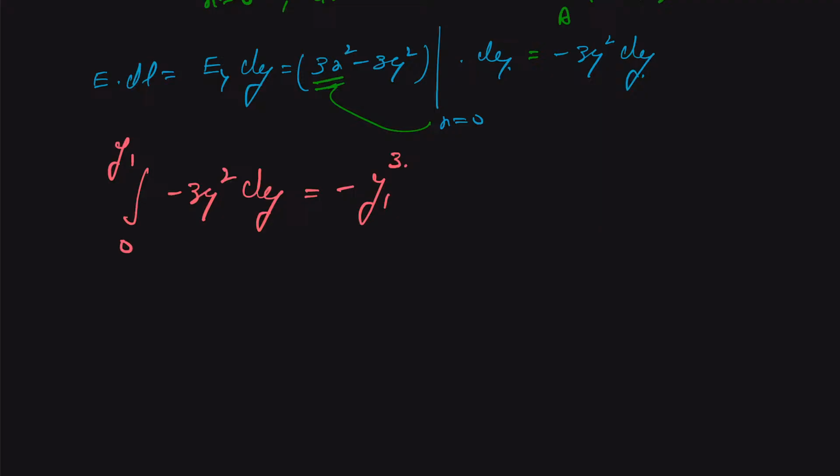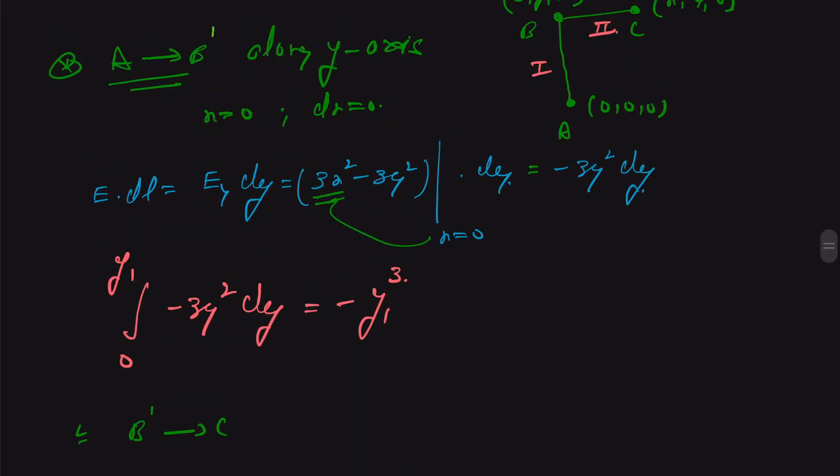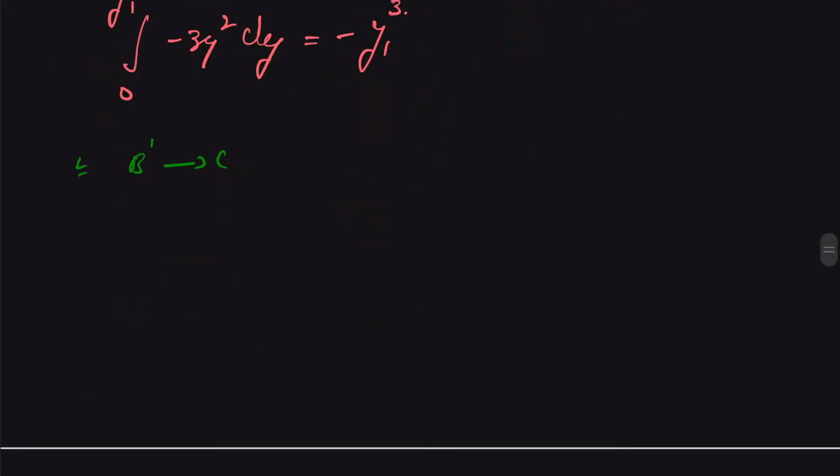And we come to from B prime to C. This is from A to B prime, and this is our horizontal line at y is equal to y1.